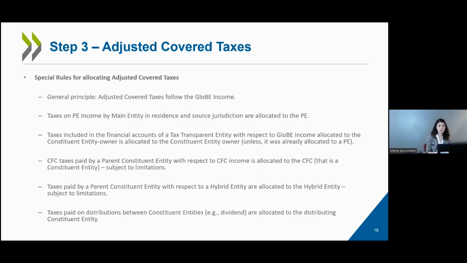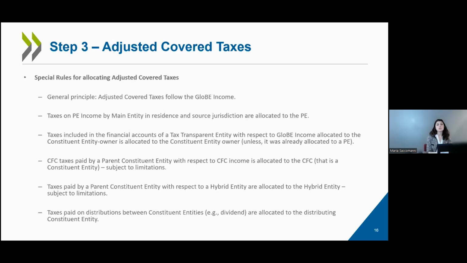The last bullet of this slide is in respect of taxes on dividend distribution. The withholding taxes on dividends do qualify as covered taxes. And here the point is to which jurisdiction these dividend withholding taxes shall be allocated: the jurisdiction where the distributing entity is, or the jurisdiction in which the distributed income is earned.